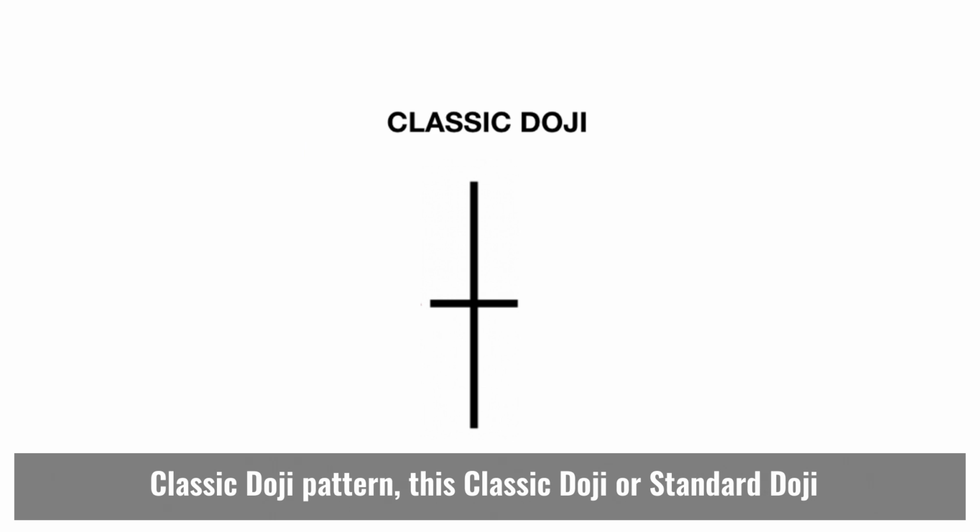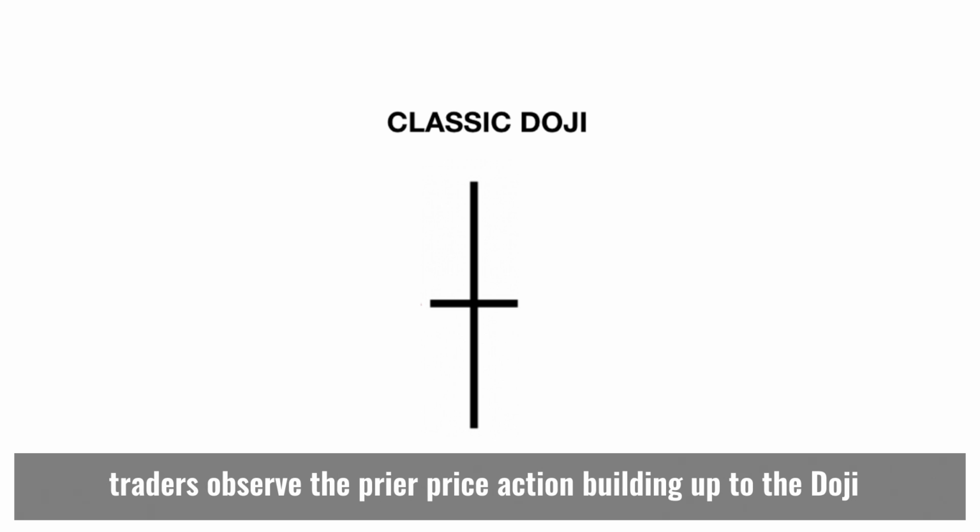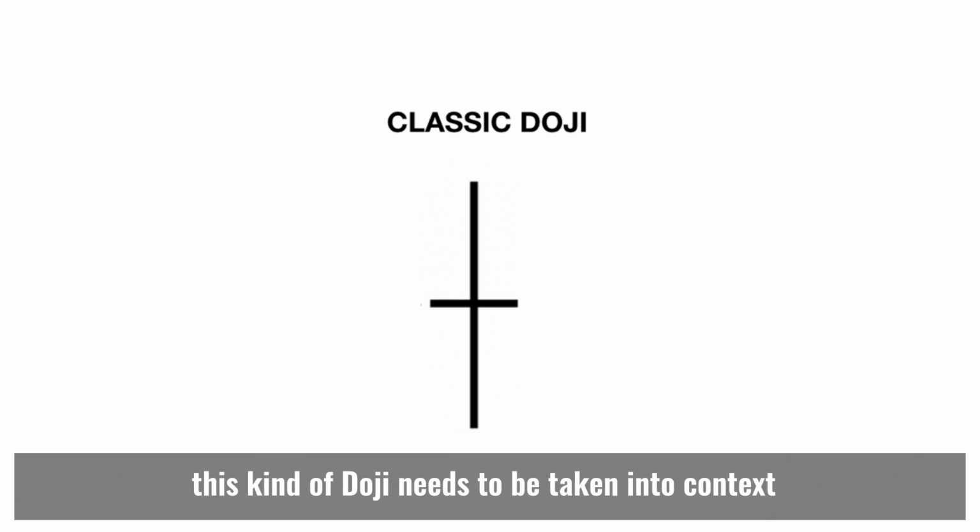Classic Doji pattern. This classic doji or standard doji is a single candlestick that does not signify much on its own. To understand what this candlestick means, traders observe the prior price action building up to the doji. This kind of doji needs to be taken into context.